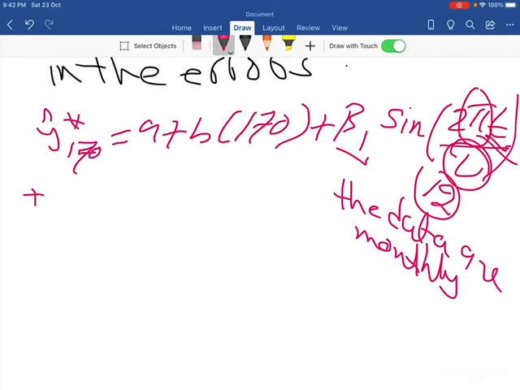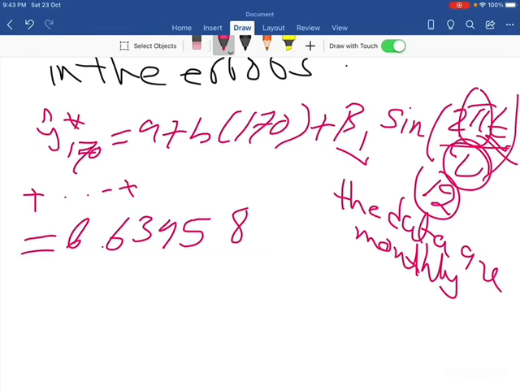And you will write plus cosine and so on. You will write the whole model and substitute the answer into it. So the answer will be 6.63958. This is y hat star, but we need y hat 170.